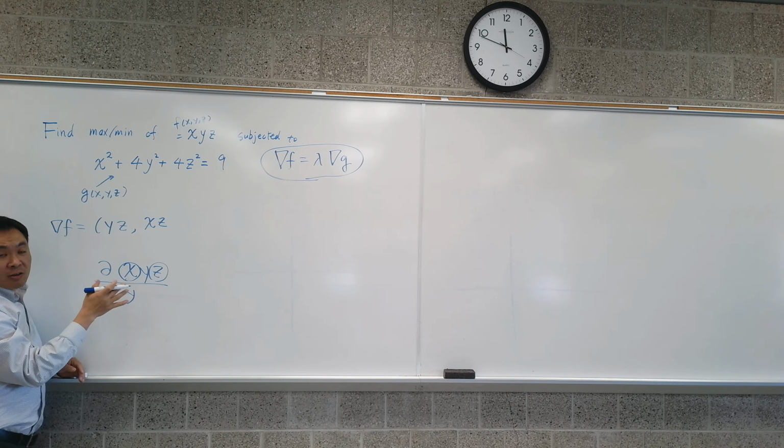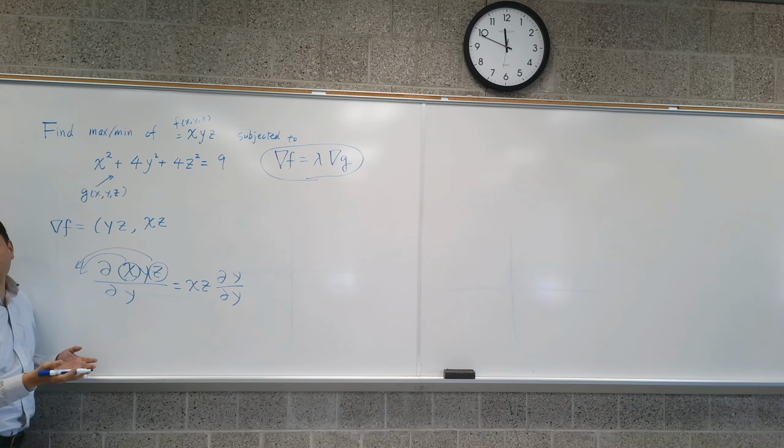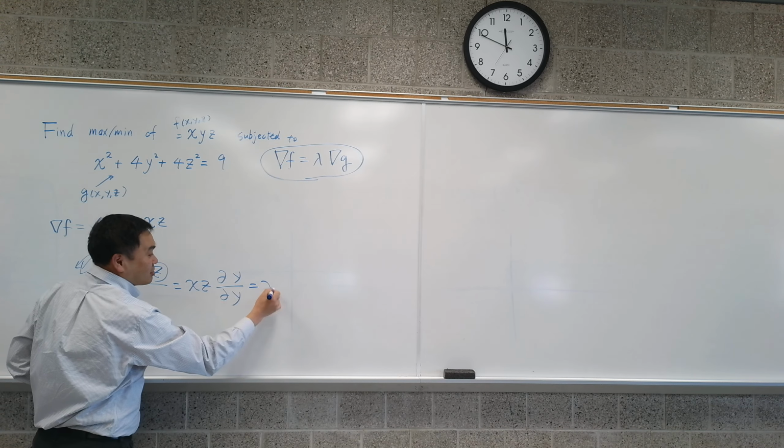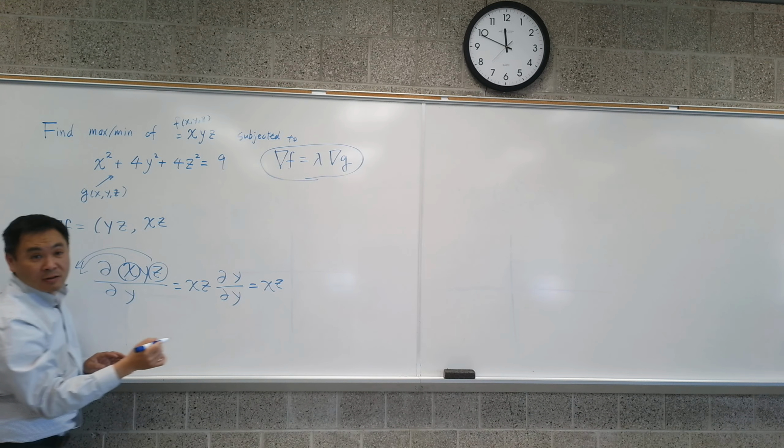Constant multiples can be brought outside the derivative, so you have xz times the derivative of y with respect to y, which is just 1. So you get xz.